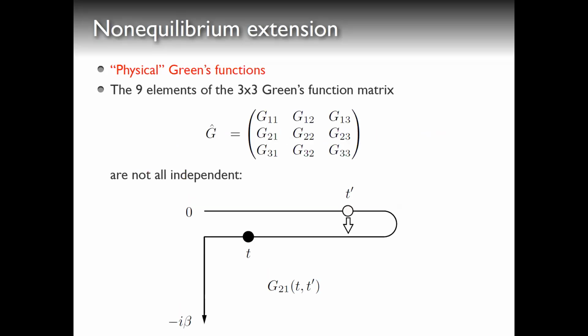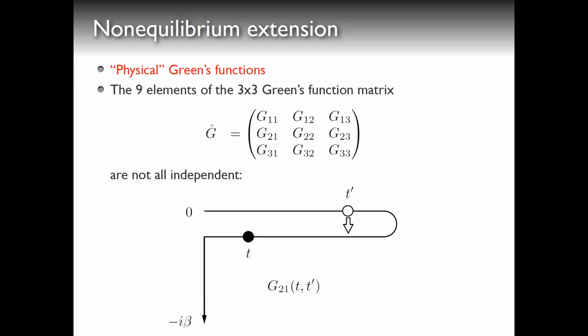However, not all of them are different. For example, the last operator on our contour, we can always shift between the upper and lower branches, because the forward propagation from here and the backward propagation will cancel.